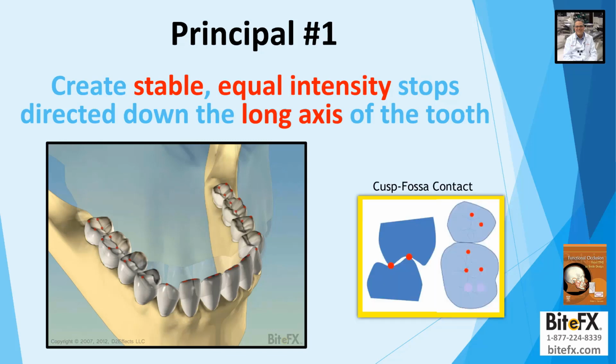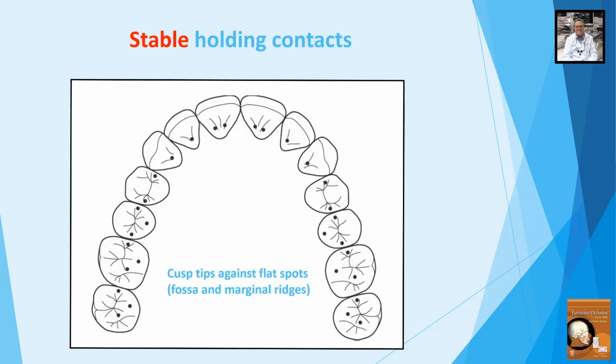This picture here shows what we call cusp fossa contact. You'll see that the lingual cusps of the maxillary, which are the working cusps, will oppose and touch the fossas or the flat spots or the marginal ridges of the mandibular, and that the mandibular buccal cusps, which are the working cusps, will have contact with the flat spots of the maxillary teeth in the posterior areas. A stable holding contact would look like this.